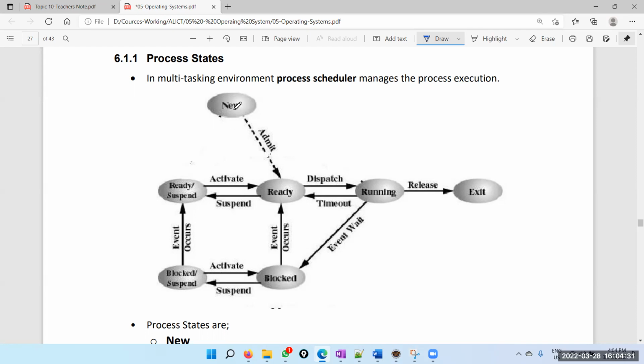When a process is started, it goes to the new state. That means it has not run yet, but it has signaled to the OS that it needs to be run. Once it is admitted to the queue, we say it is in the ready state.